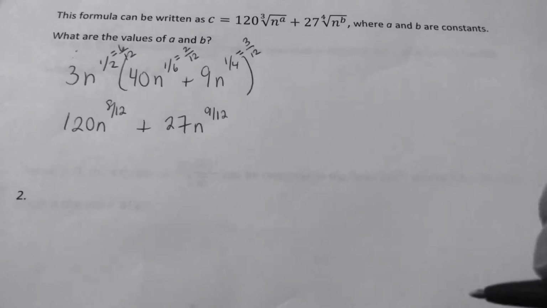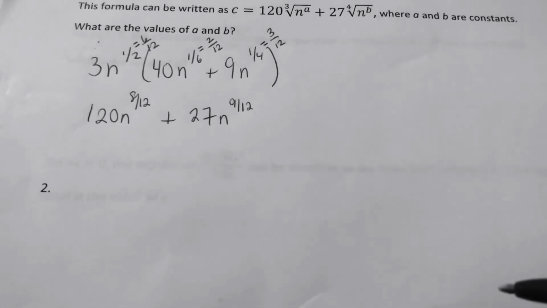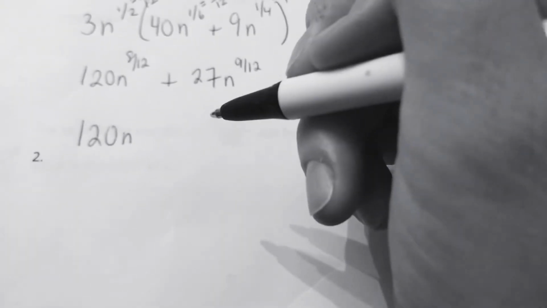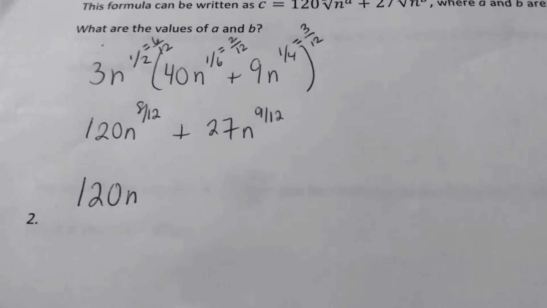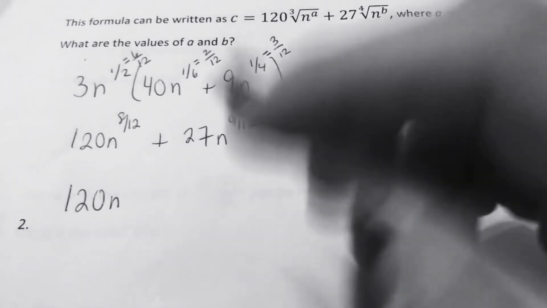Okay, so I'm just about done. Now if I simplify those fractions, I have 120 n to the 8/12. I'm going to divide by 4 and get 2/3.